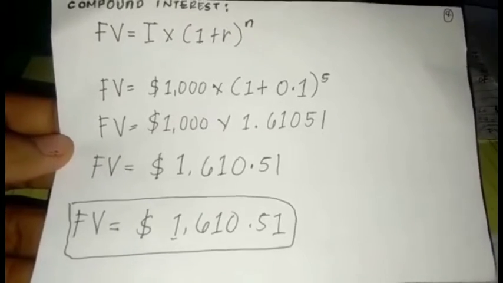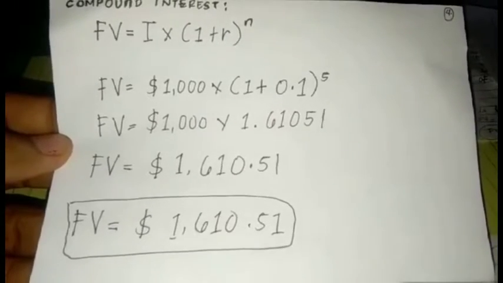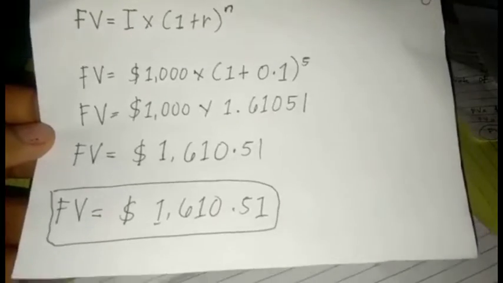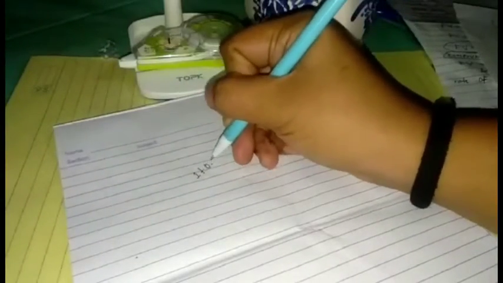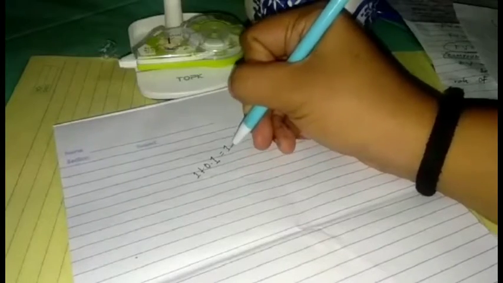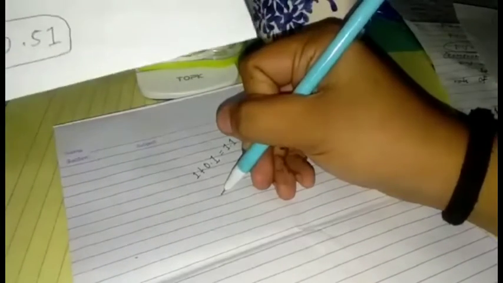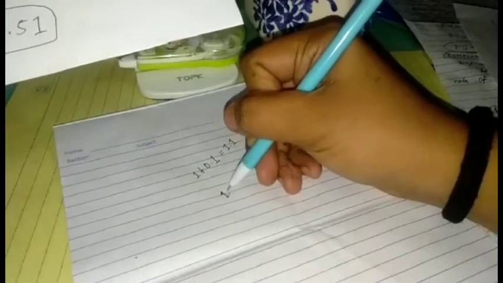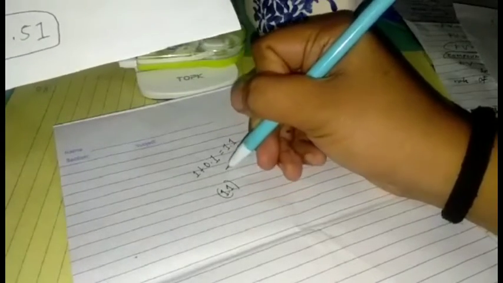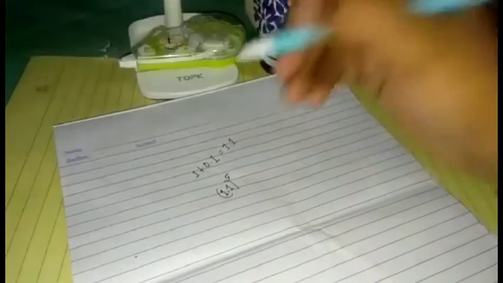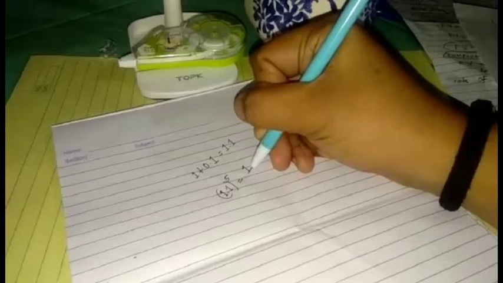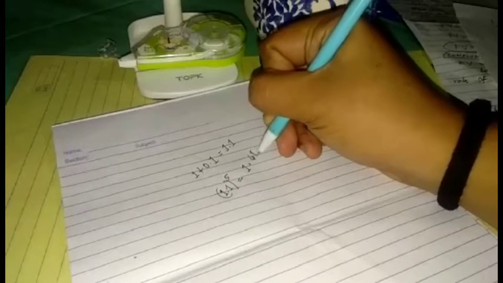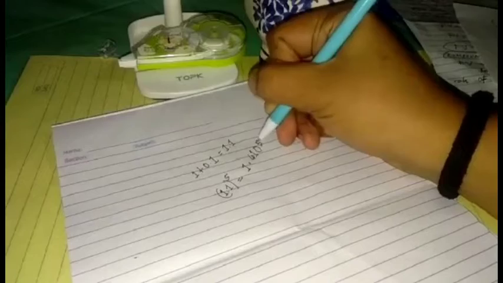First step, we are going to add 1 plus 0.1, which is equal to 1.1. The 1.1 will be multiplied by itself 5 times, and the product is 1.61051.